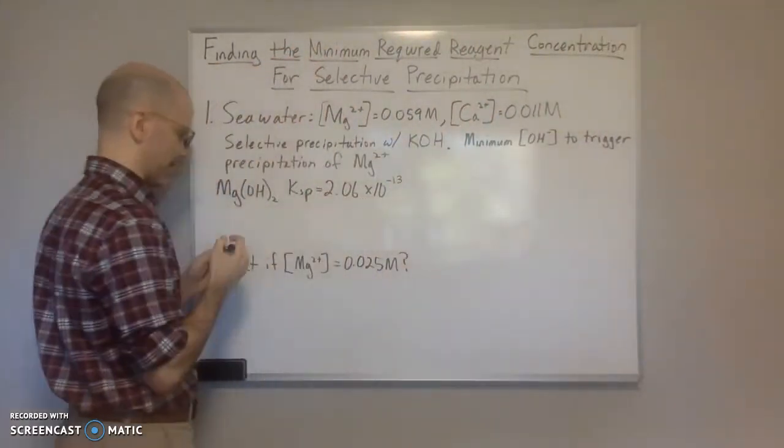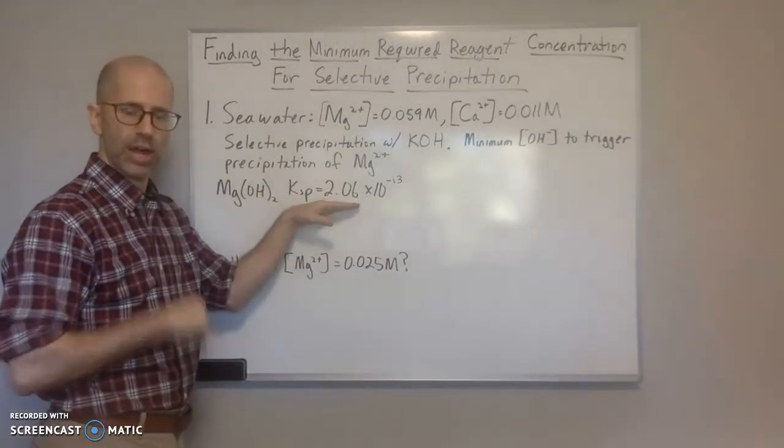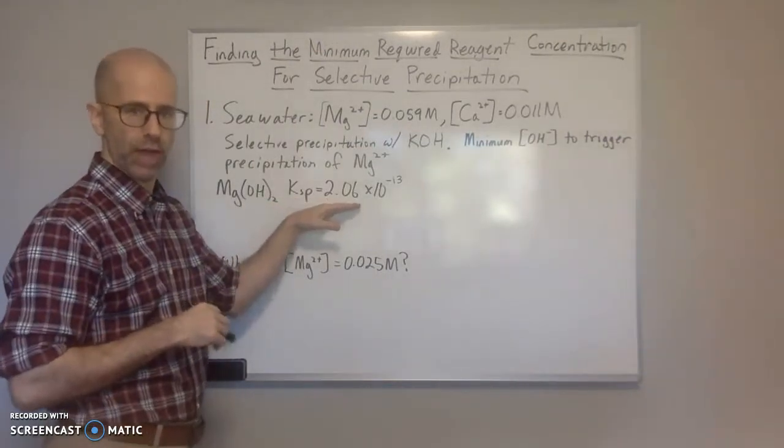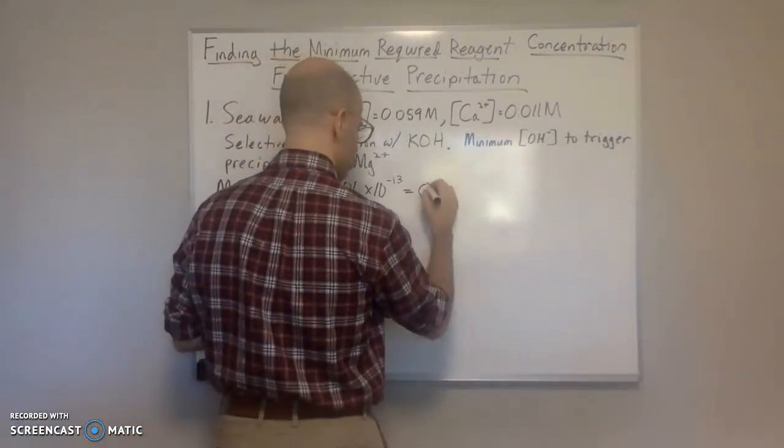So that's your KSP. So for precipitation to occur, at the very least, your Q value should be equal to the KSP. So we can set that equal to Q.